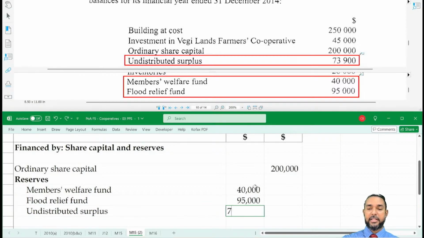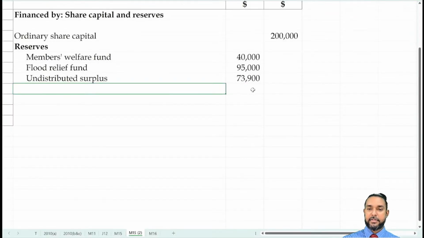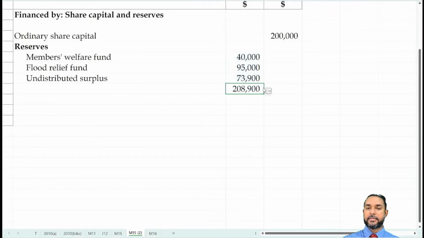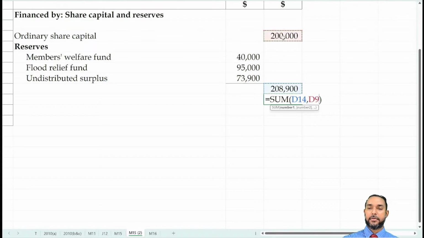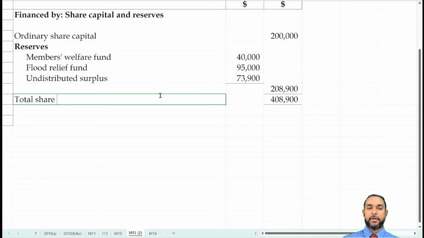That's the one plenty people forget, right? And that's it. So you just have to add it up. Okay, subtotal, add it to the share capital. Right, and we have total share capital and reserves. Cool.